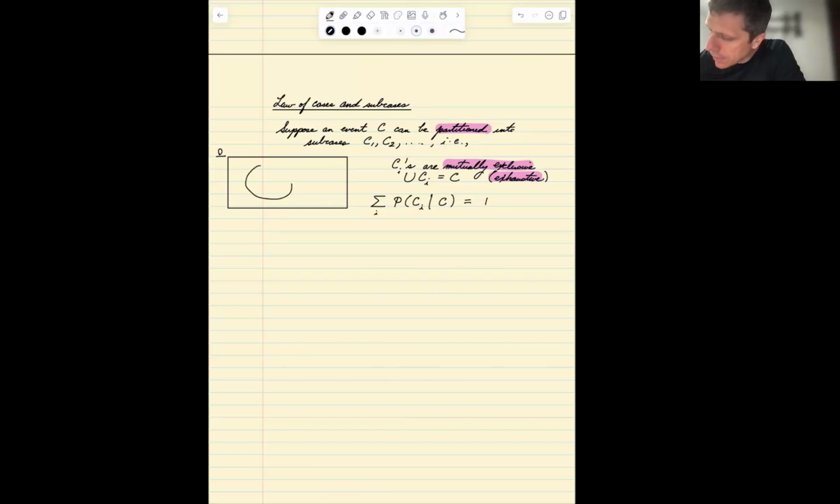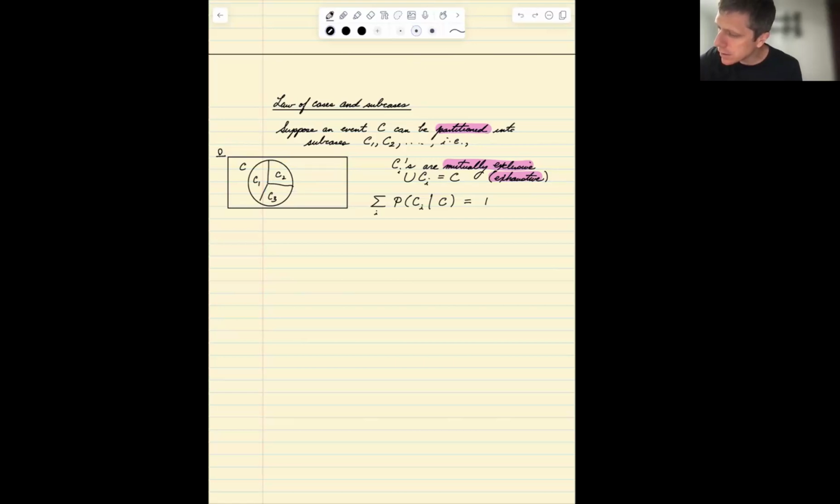We have C, which is our case, and we partition C into subcases, call it C1, C2, C3. So we have 3 subcases in this situation. Now let's say we have another event, call it A.